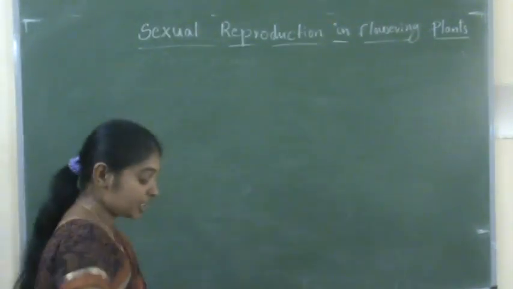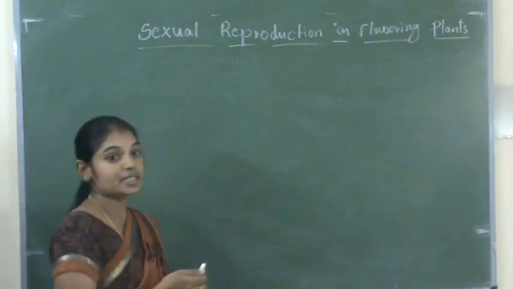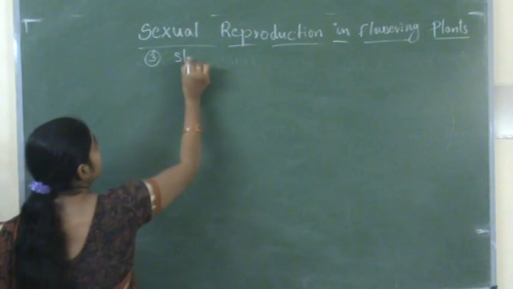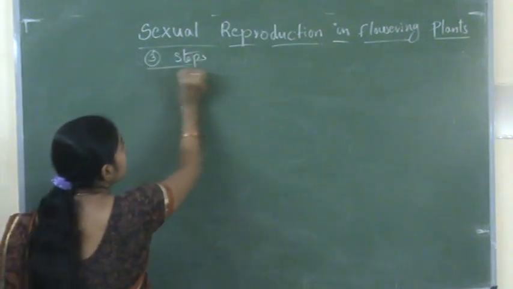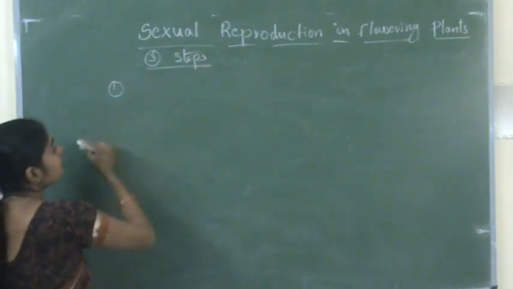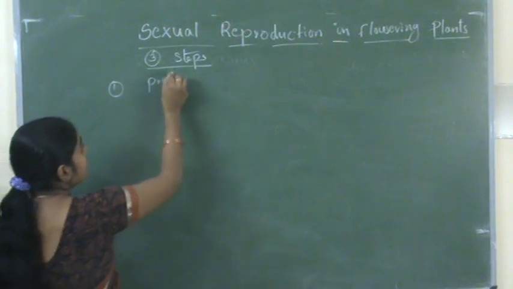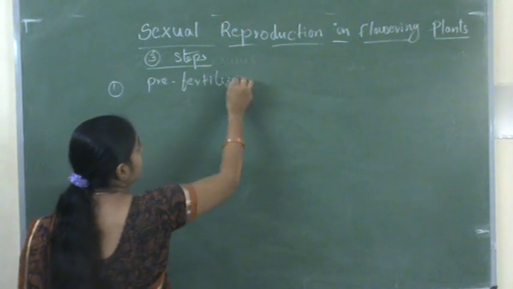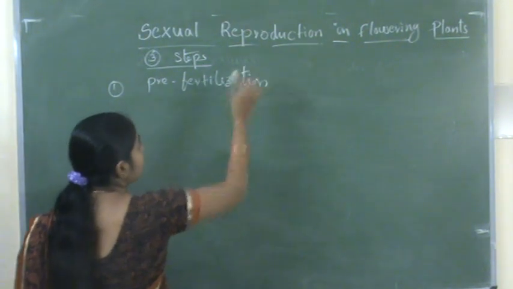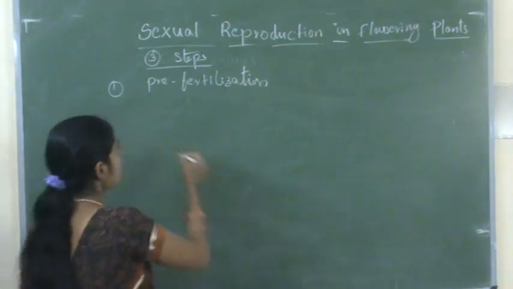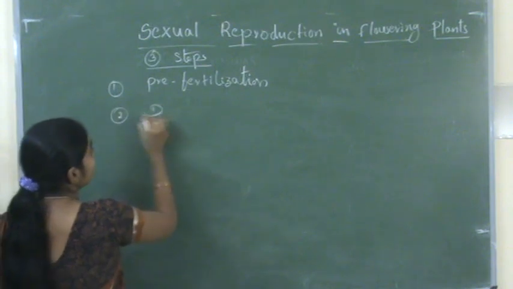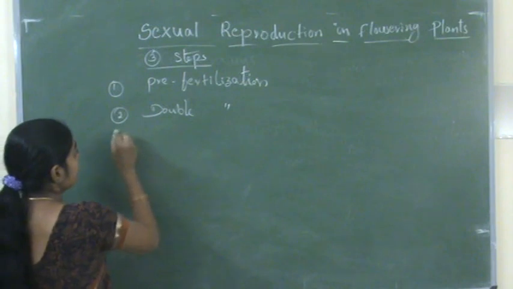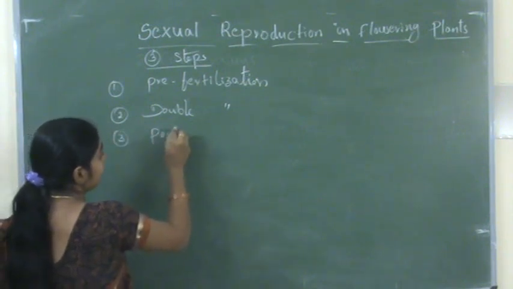And sexual reproduction in flowering plants is studied under 3 steps. That is pre-fertilization, then double fertilization, and post-fertilization.